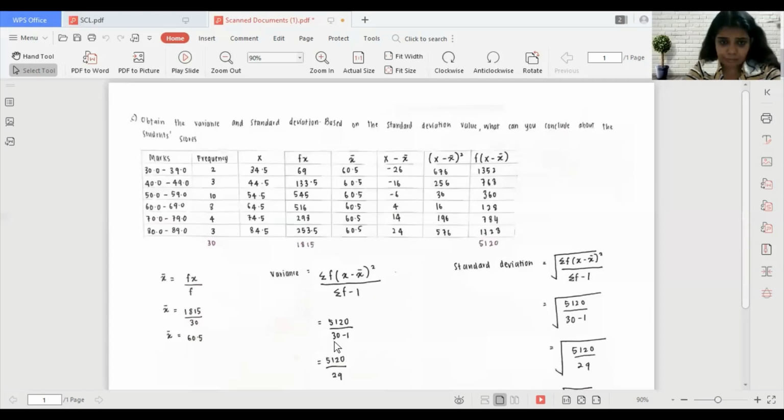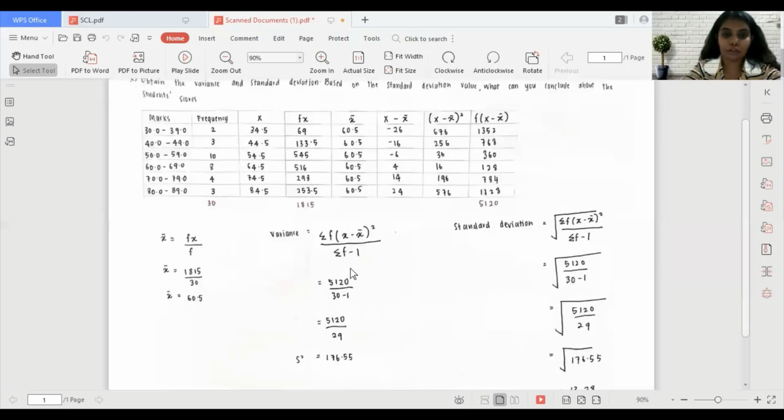Then we divide by the sum of f minus 1. Frequency is 30, so 30 minus 1 is 29, 5220 divided by 29. When we do that, our answer for the variance is 180.